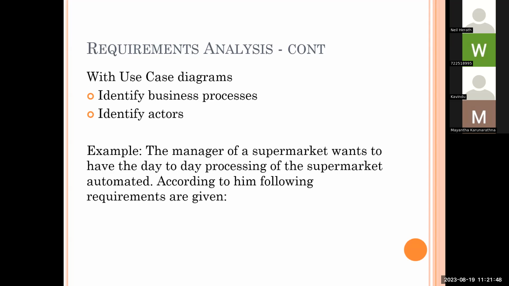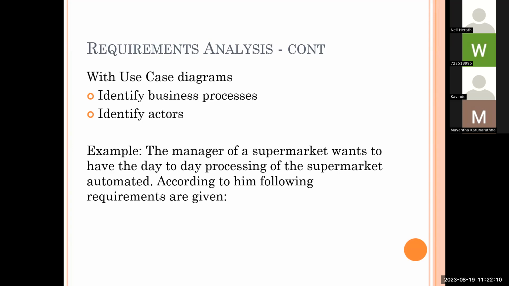And then, unlike the importance given to data in the data flow diagram, the importance in the use case diagram is given to the actors. Actor means the person or the system who is interacting with the system.